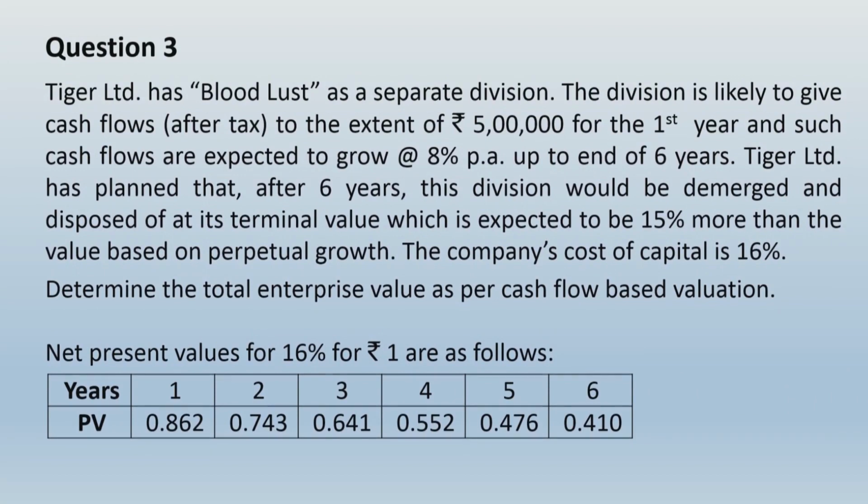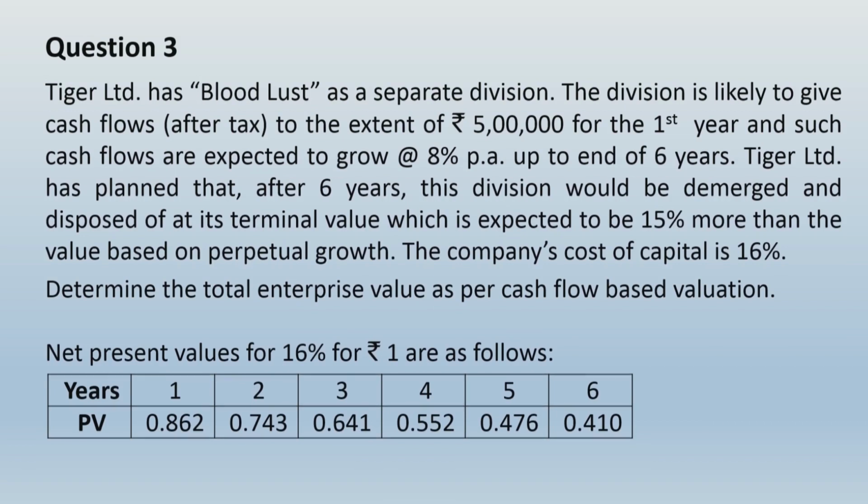Tiger Limited has Bloodlust as a separate division. The division is likely to give cash flows after tax to the extent of rupees 5 lakhs for the first year, and such cash flows are expected to grow at 8% per annum up to the end of 6 years.